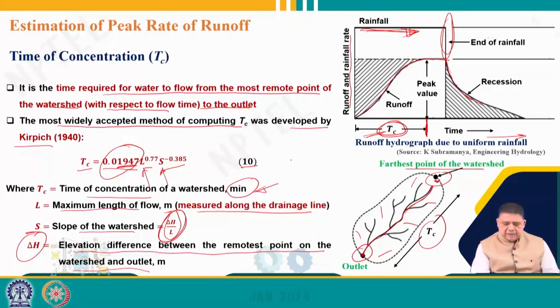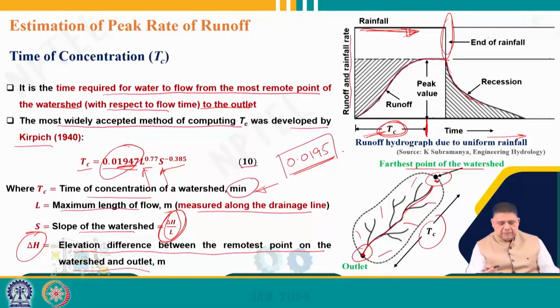Of course, in some textbooks you will find that this value has been truncated to 0.0195. Anyway, whether you remember 0.01947 or 0.0195 does not matter, but this is one of the most popular ways of finding the time of concentration for a watershed, because it uses only the watershed features.